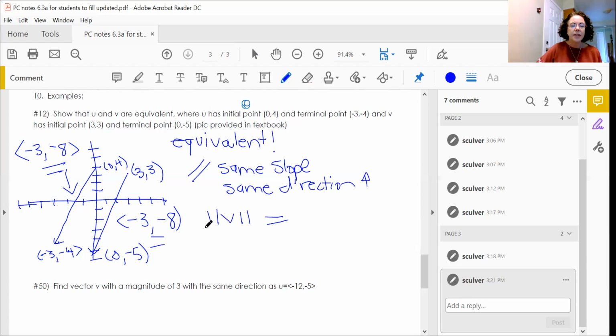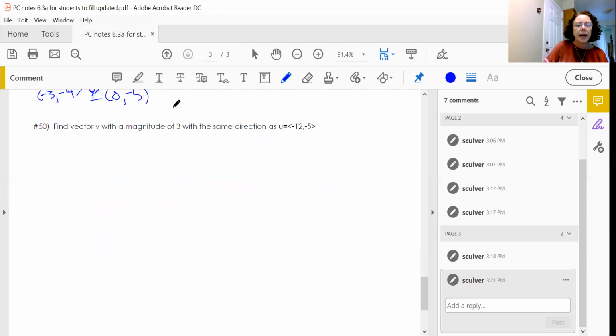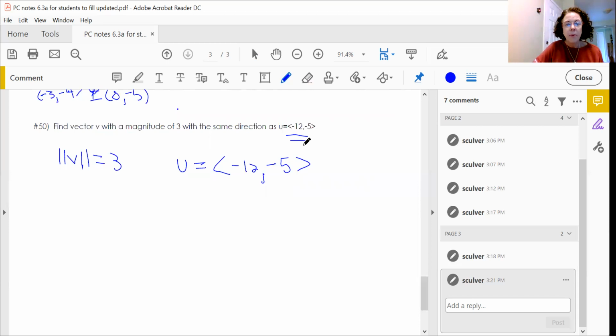Last problem, find vector v. This is number 50 in your book. Find a vector v with a magnitude of 3 with the same direction as vector u, which is -12, -5. Well, let's take a look. What if vector u really does have a magnitude of 3?